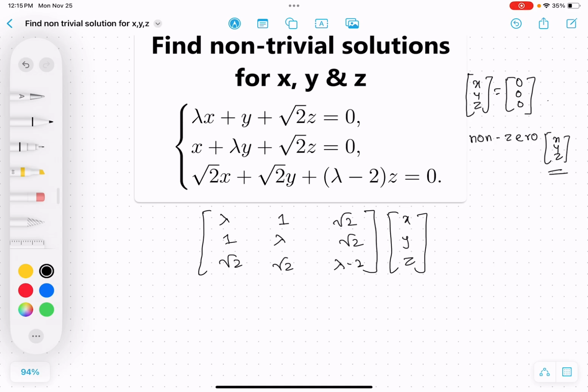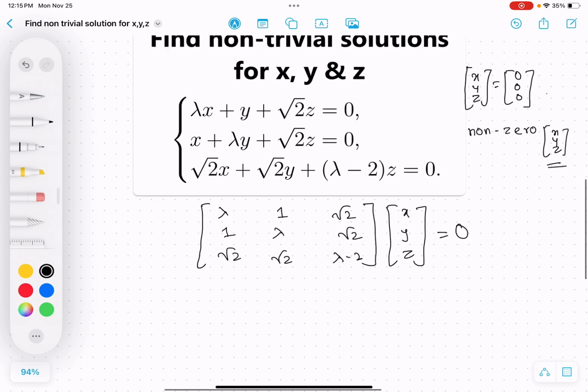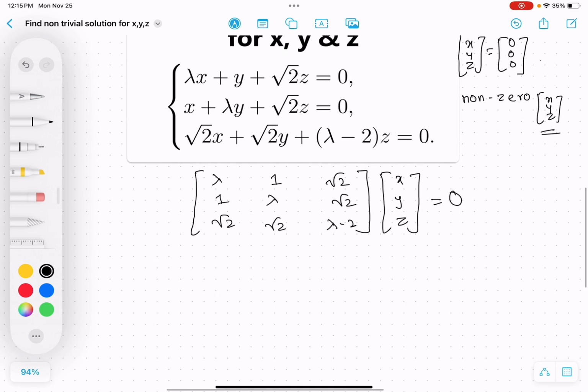Now, let's say if it was in the case of numbers, then for the product of two to be 0, definitely one of them has to be 0. Over here, this is definitely not the 0 matrix, so this has to be 0. That's definitely a solution.